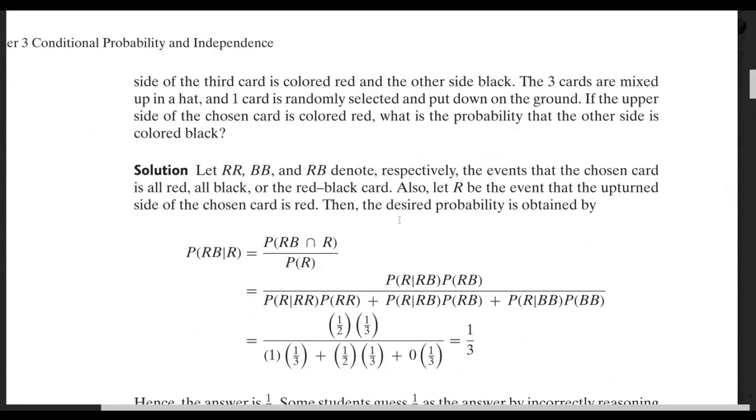Then the desired probability is this, because we want to find the other side is black. So basically we want to find the third card.